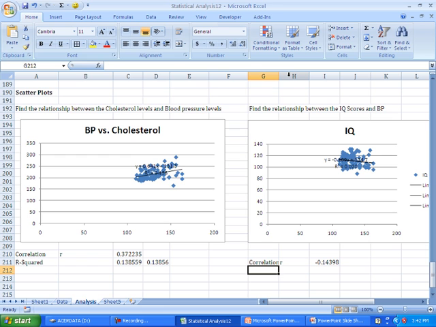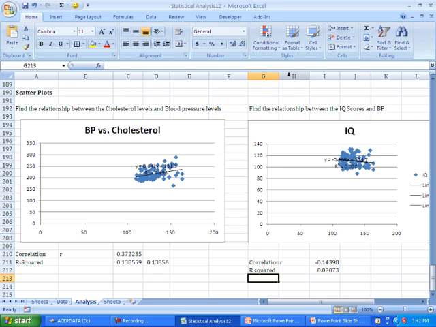So it shows a negative, but it is very small. So if I am looking at the R squared for it, I will take the correlation value and square it, which gives me 0.02, and that is what we got from the graph also.